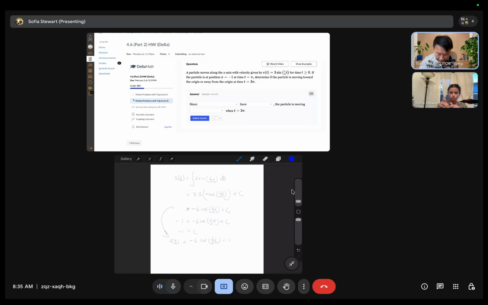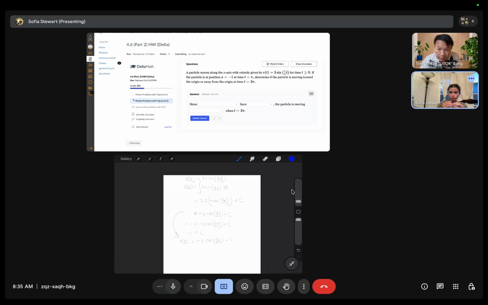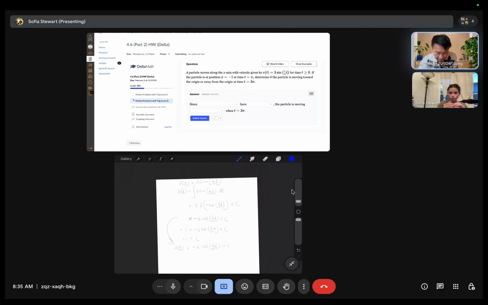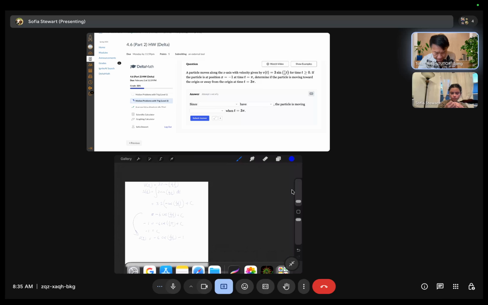So we're going to evaluate the velocity function. Let me copy the original here. At 3 pi for both of them, is it going to be the same thing, positive or negative? Yeah, same question.